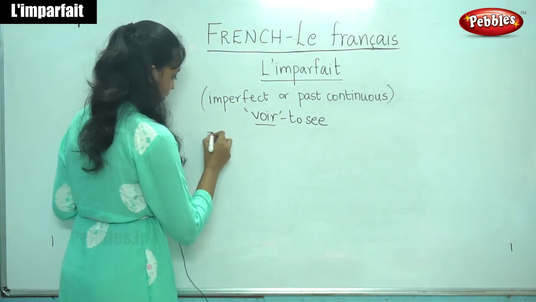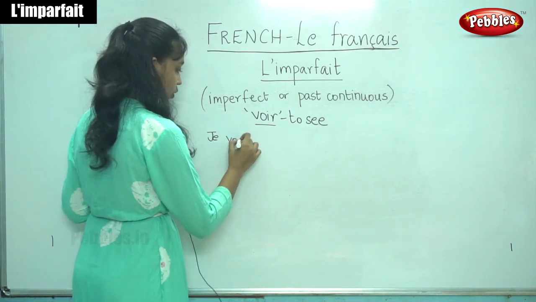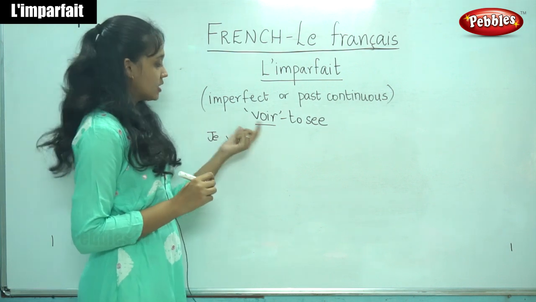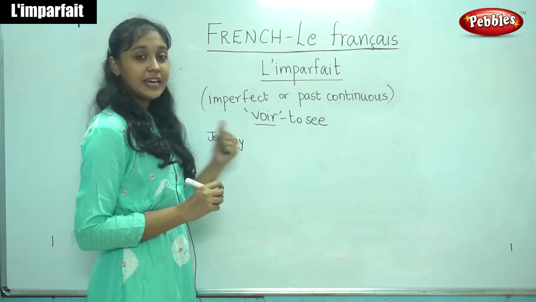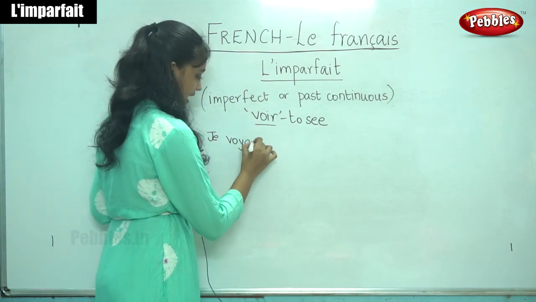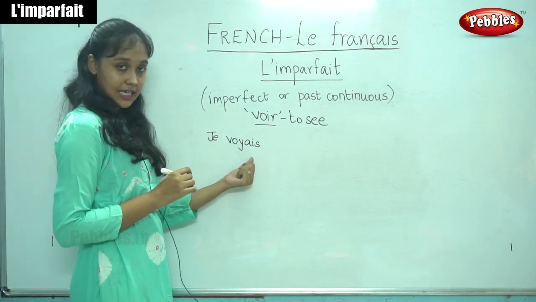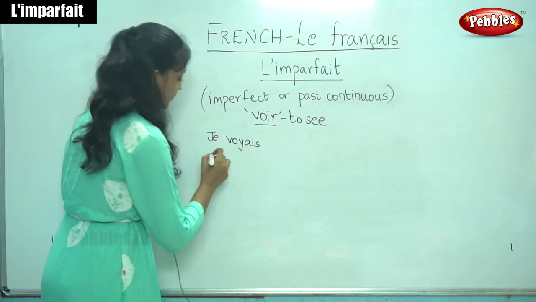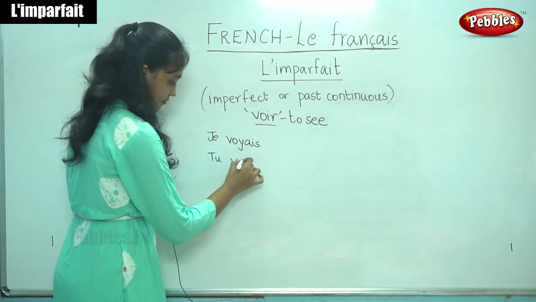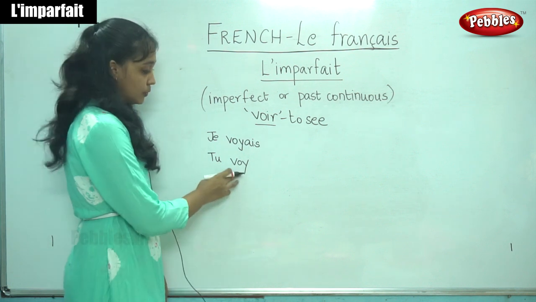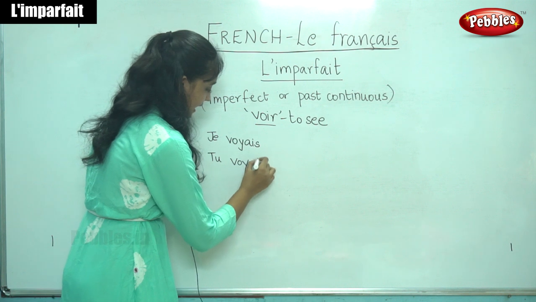Now for je, what was our stem? It was VOY. So this is our stem. And for je, what is the imperfect ending? It is AIS. So I was seeing, AIS. For tu, we write the stem VOY followed by the ending. For tu also the ending is AIS.